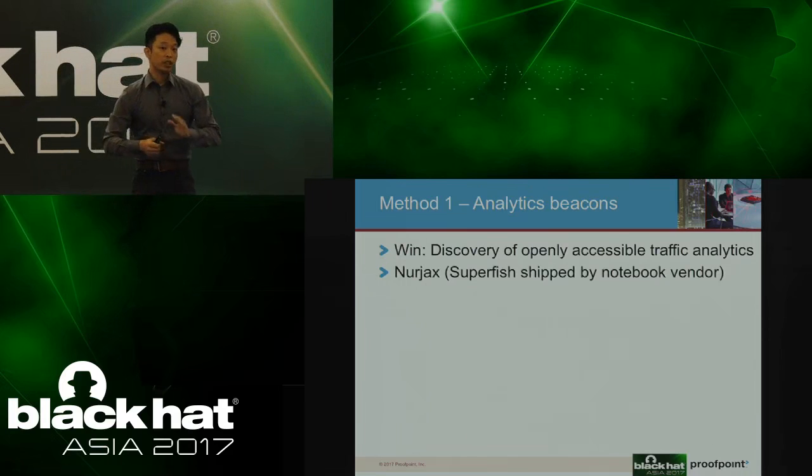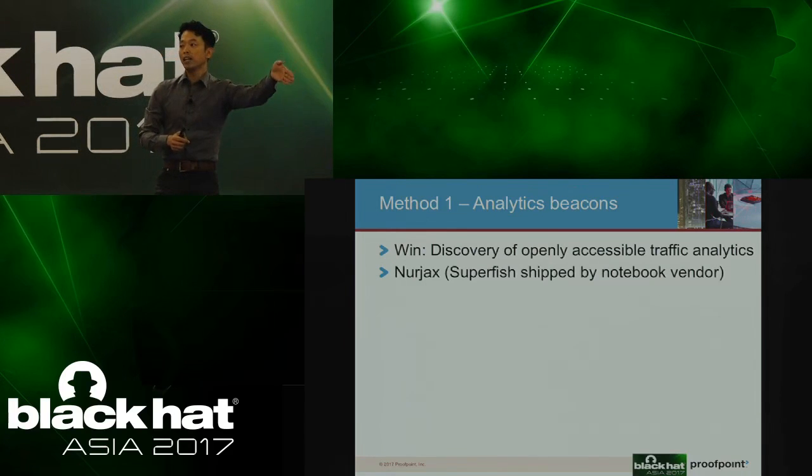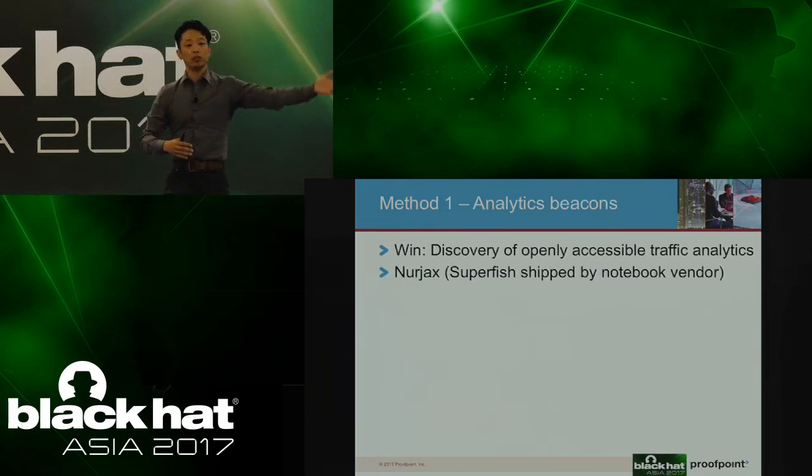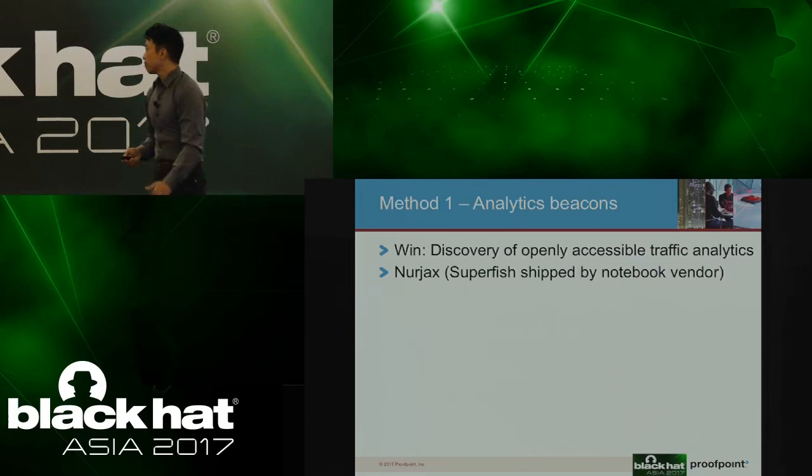At the same time, sometimes it will also push out a beacon to a public analytics service, because these actors do not want to maintain and run their own analytics server, so they're using something like Google Analytics to just keep track and analyze their victims.